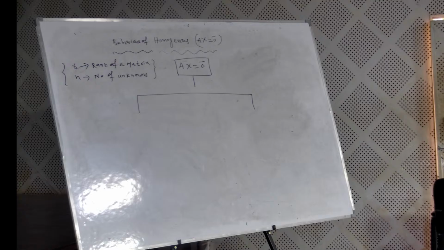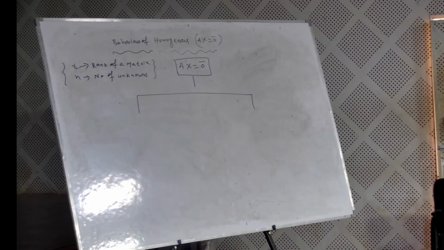Suppose the equation is x plus y equal to 0. The number of unknowns is 2, x and y. If the equation contains x, y, z, w, the number of unknowns is 4. These variables are the unknowns. r is the rank of a matrix.